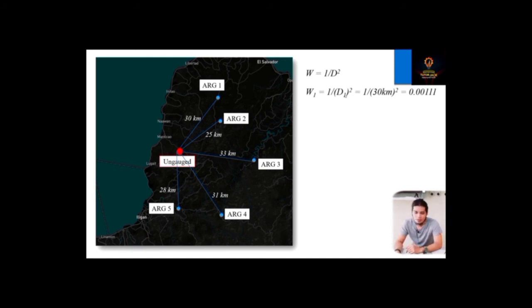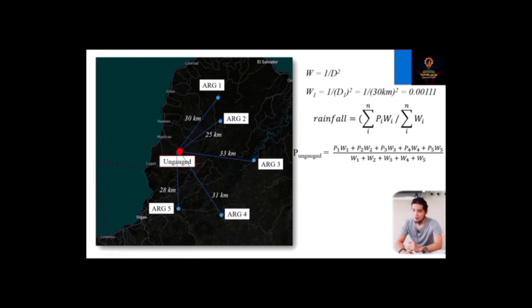Sa pagkuha naman ng ating rainfall dito sa ungauged site, ito yung susundin natin na equation, yung kanina. Medyo nakakatakot tingnan, pero actually, madali lang naman yan. Isasama mo lang yung product ng P1W1 plus P2W2, P3W3, divide mo dun sa W1 plus W2 plus W3, etc. So, magiging ganito yung equation mo.